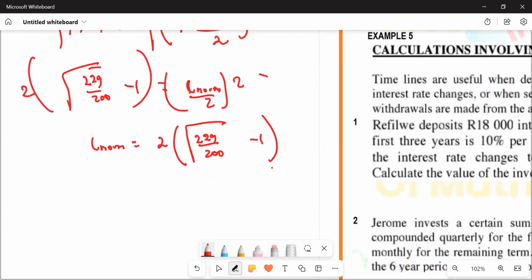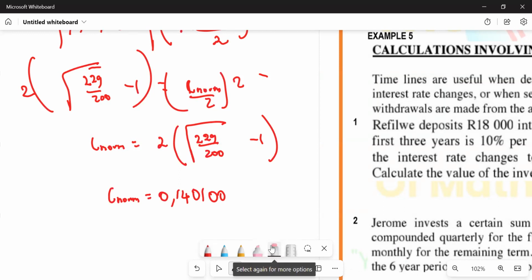What did you get as an answer as a decimal? 0.1401.